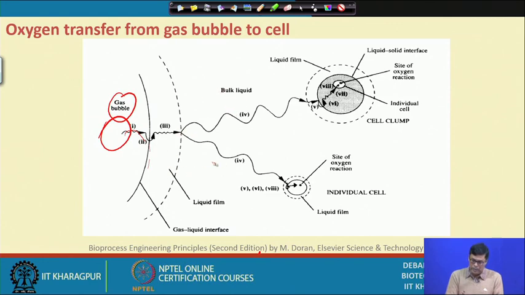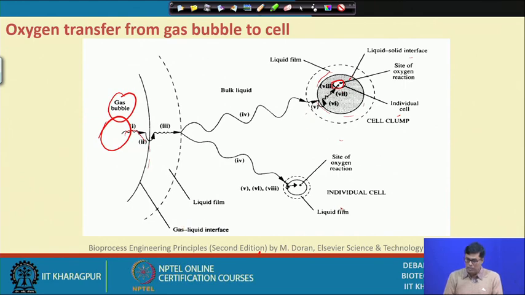Then it goes inside and slowly enters into the cell. Again here you see the liquid film across the cell, and this is the liquid solid interface, and these are the individual cells present inside the microorganism. That is how it occurs.